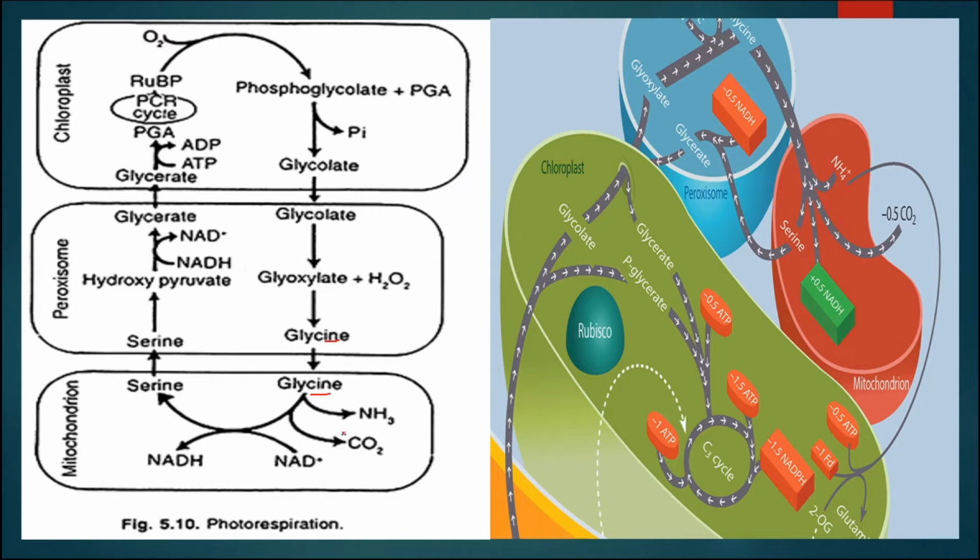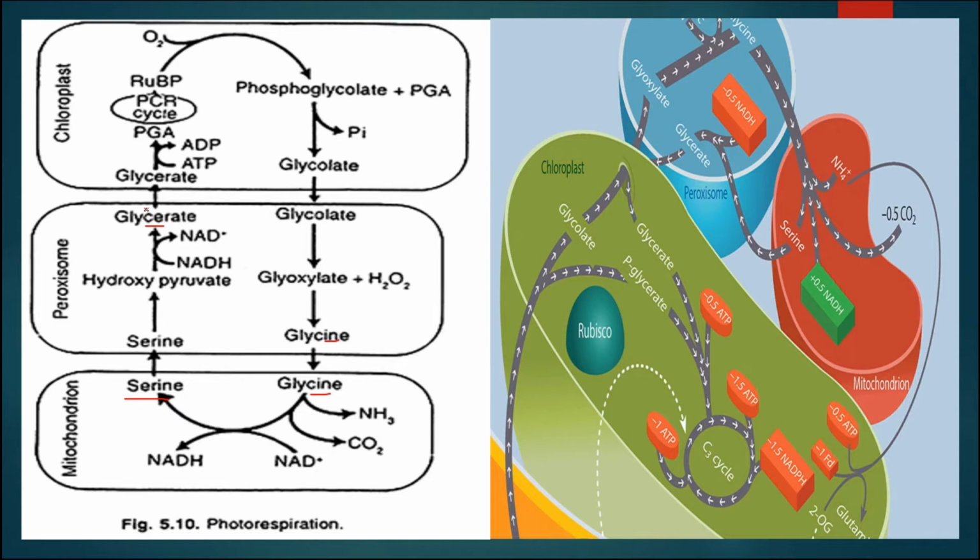Here ammonia is released, CO2 is released, NAD will be converted into NADH, and this glycine will be converted into serine. Now this serine will be transported back into the peroxisome, and this will be converted into glyceric acid or glycerate through hydroxypyruvate, and here NADH is utilized and converted into NAD.